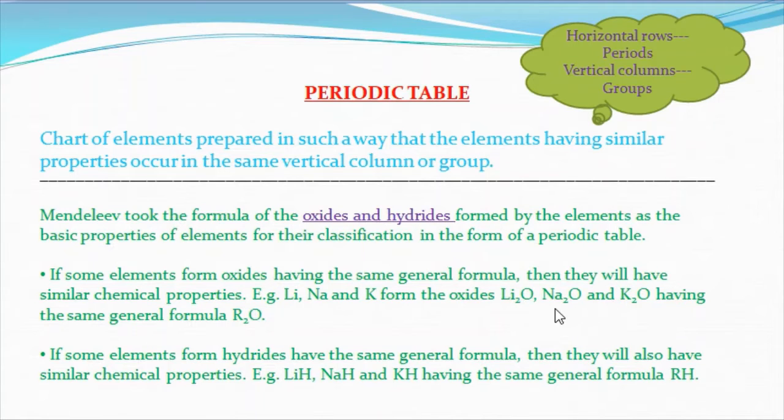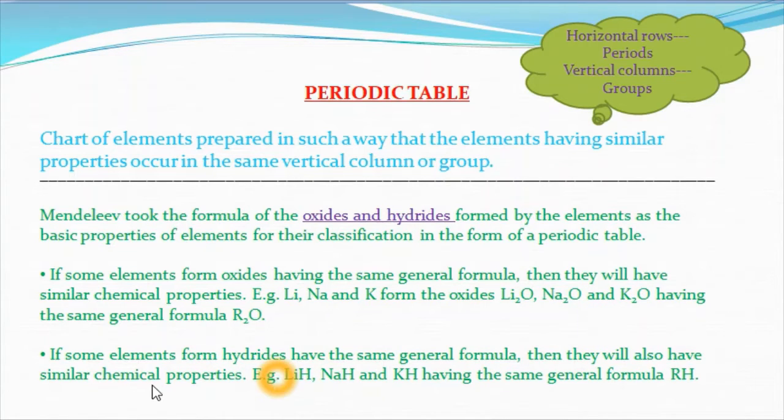The formula is almost similar. Representing the elements by the letter R, the general formula becomes R2O. All three have the same general formula, so it means they will have similar chemical properties.